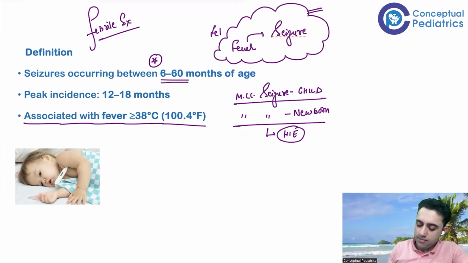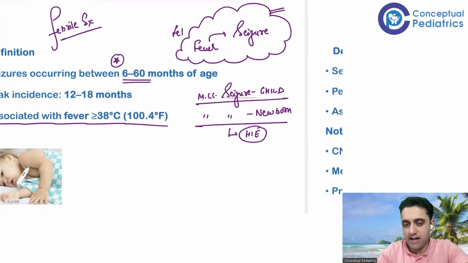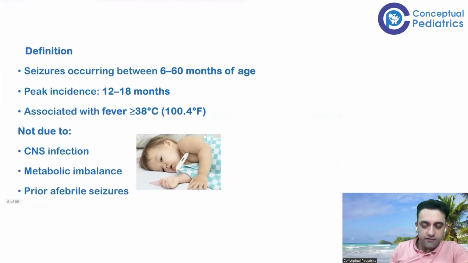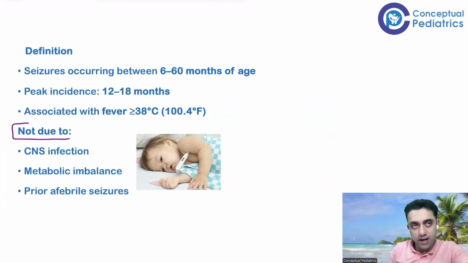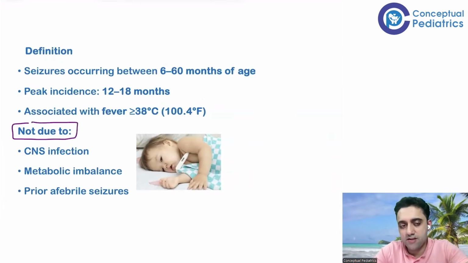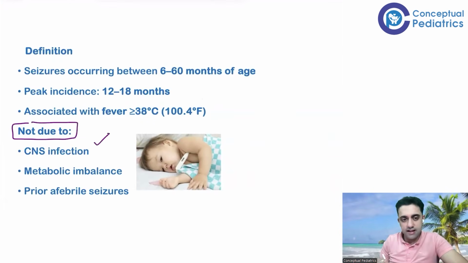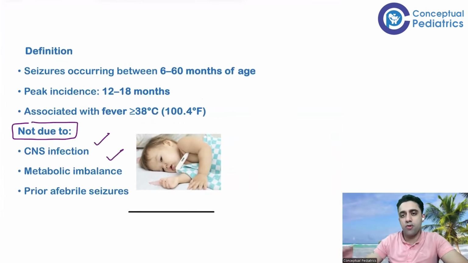So seizure occurring between 6 months to 5 years, with a peak incidence of 12 to 18 months and associated with very high fever. Number two, this febrile seizure is not due to any CNS infection, not due to hypoglycemia, hypocalcemia, hyponatremia, and it is not due to prior afebrile seizure.